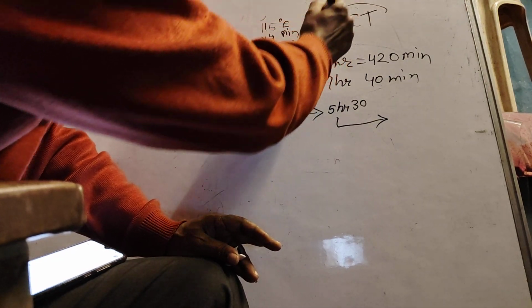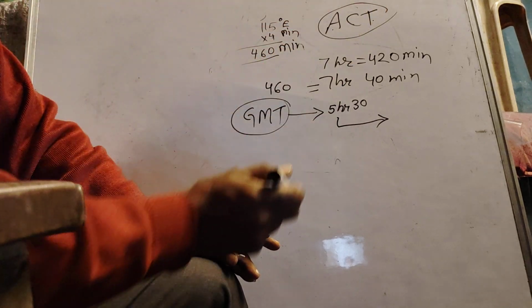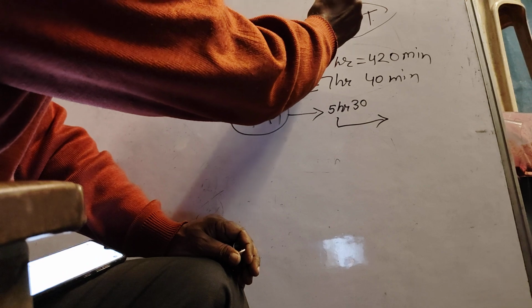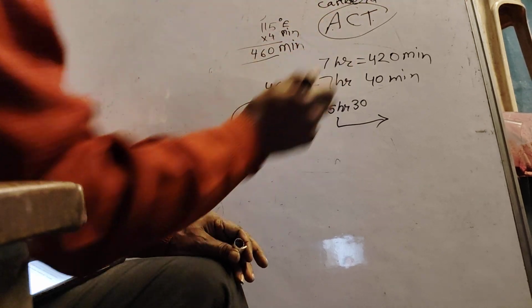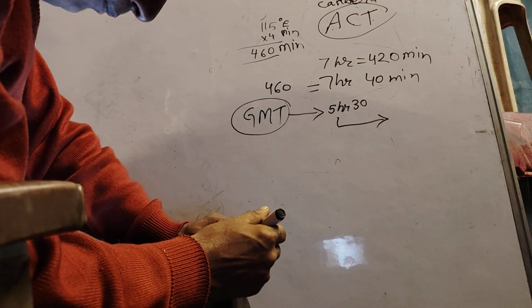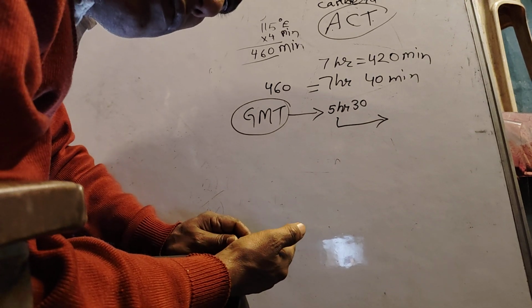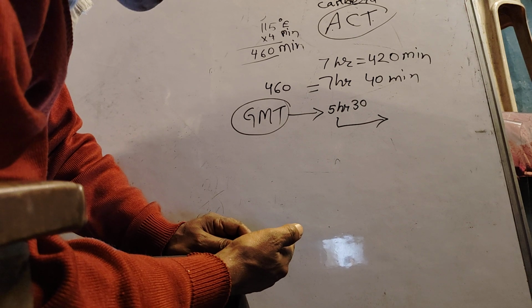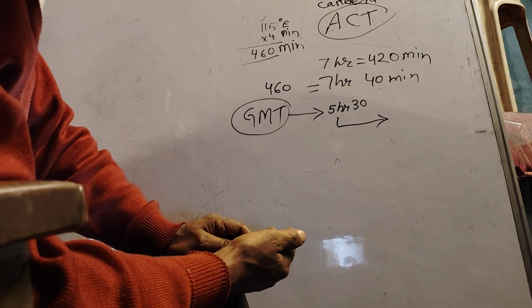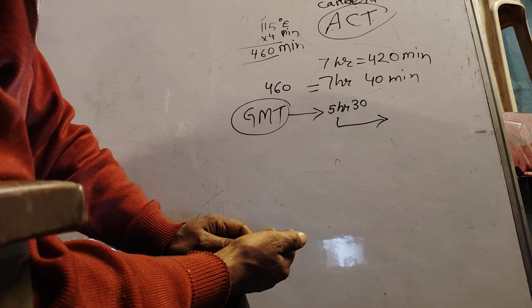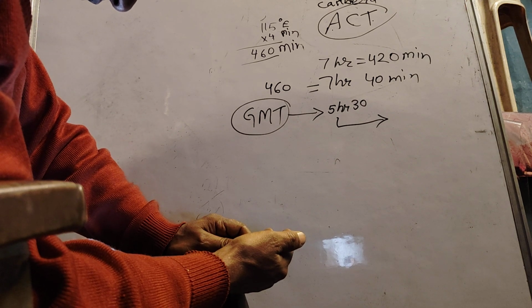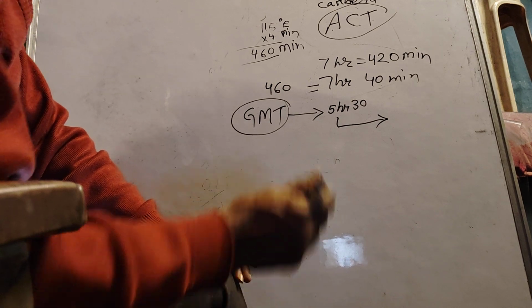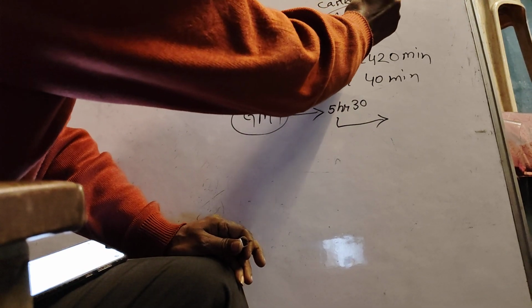The Australian timeline name is ACT, Australian Capital Territory. Canberra, double R, Canberra time.